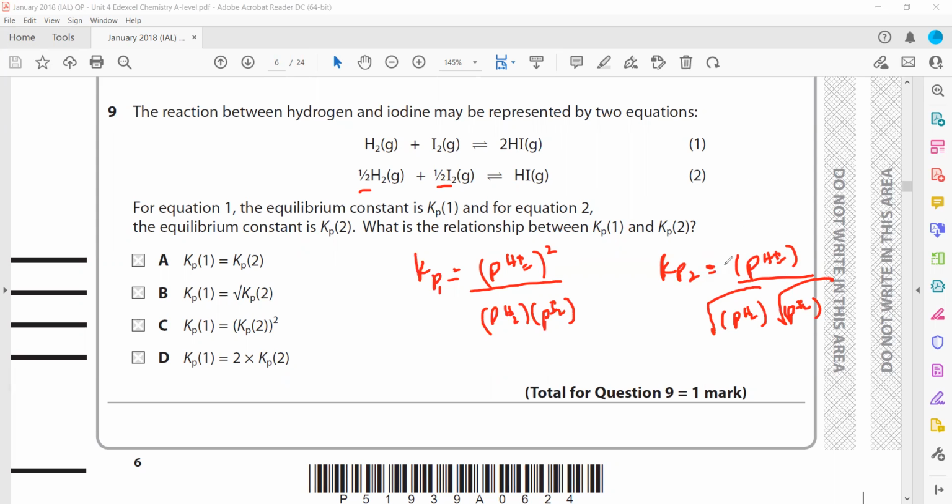So if I square both sides, this square will cancel with the root. So now the right hand side is equal, so the left hand side will also be equal. So I can say Kp1 is equal to Kp2 squared. So for question 9, C is the right answer.